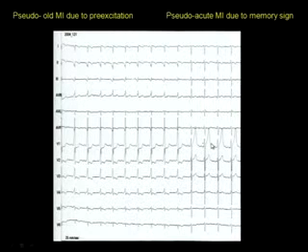This is also an example of what we call the memory sign. Whenever there is abnormal wide QRS, be it because of WPW or bundle branch block or pacing, when the wide QRS disappears, it leaves its footprints, it leaves its memory in the form of T wave changes which are transient, but that transient period could last sometimes for several hours.